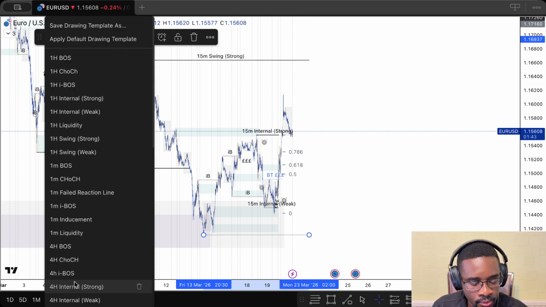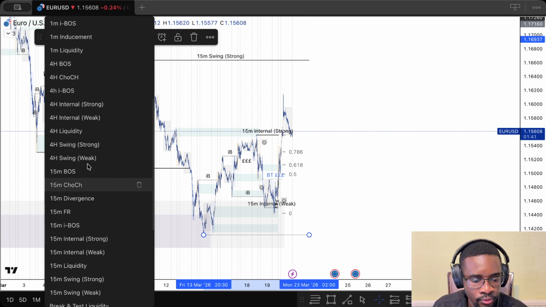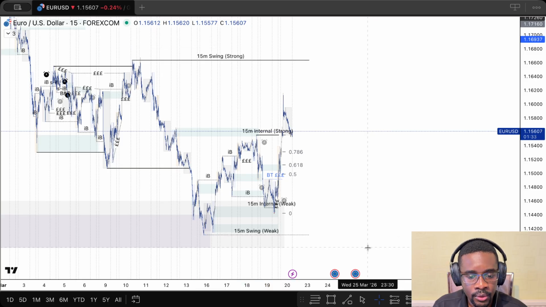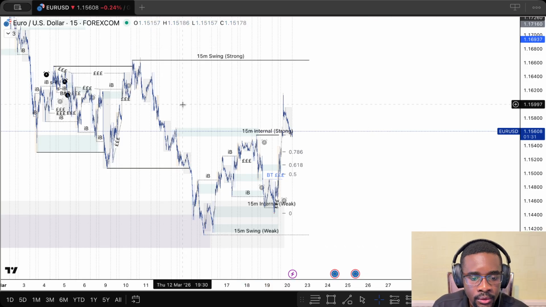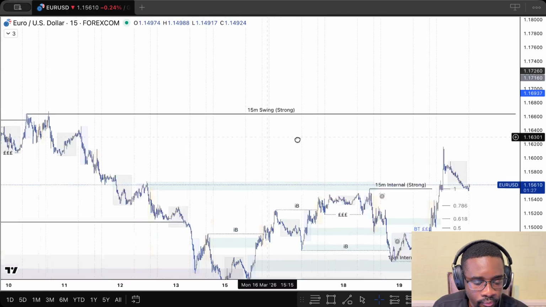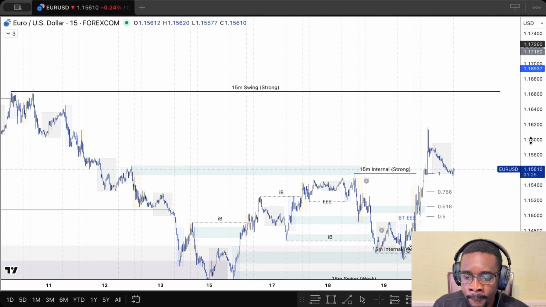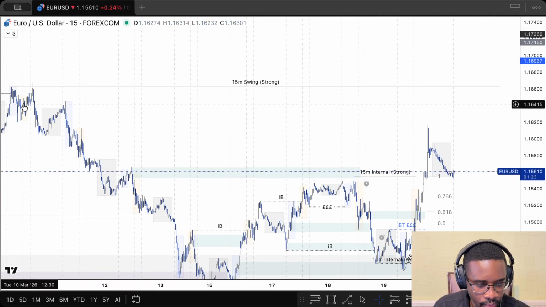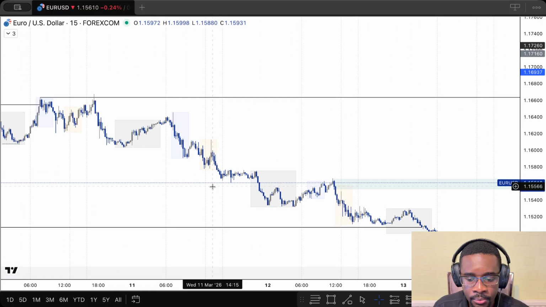And then that 15-minute swing low is the same as the 4-hour internal low. So that's the 15-minute swing range. So price has come up all the way here to the top.